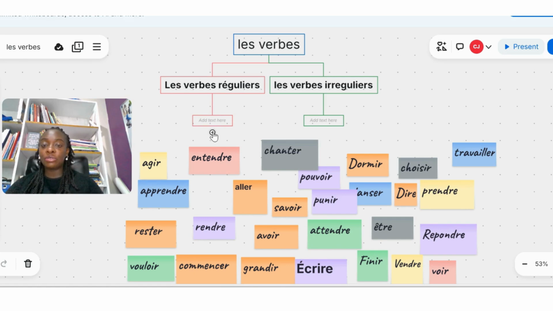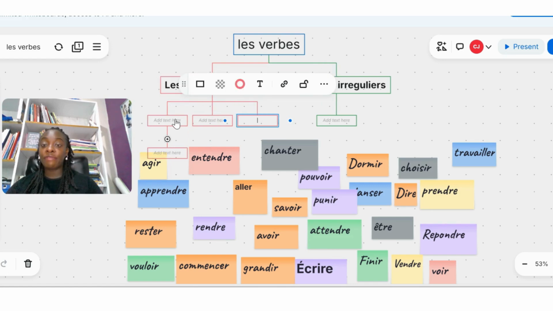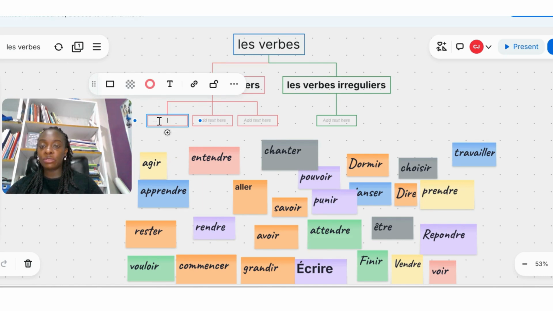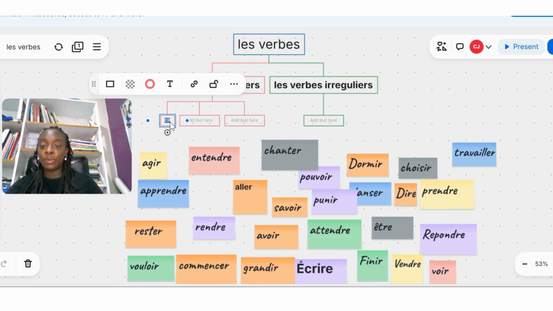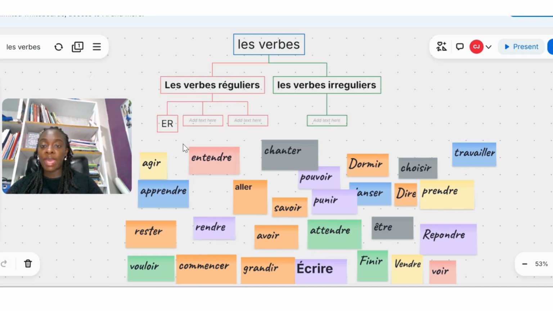On a les verbes qui se terminent par ER. We have three groups again under here, and we have les verbes qui se terminent en ER, which basically means ER verbs. Ça, c'est le premier groupe.